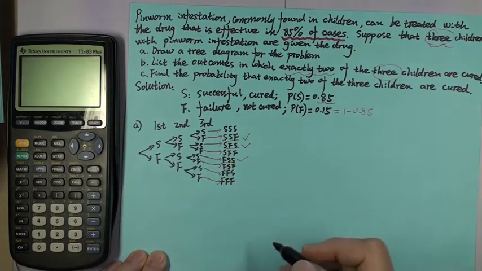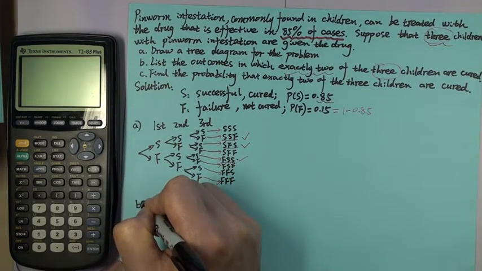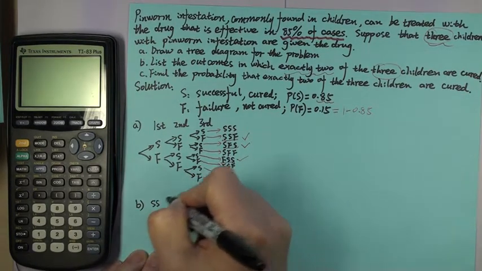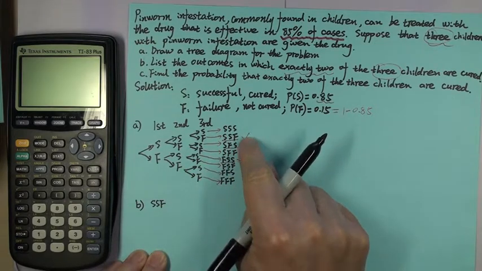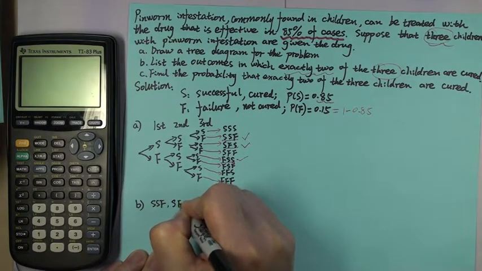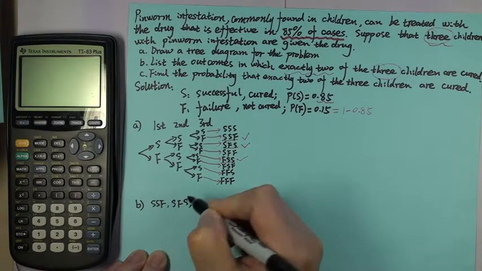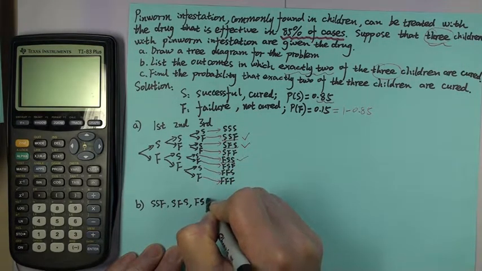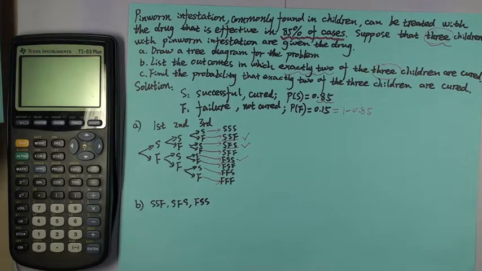For B, you may list right here. That's easy. That's SSF from here, SFS, and the third one is FSS. You can see right down here, F, the last, goes to the second, and then goes to the first.